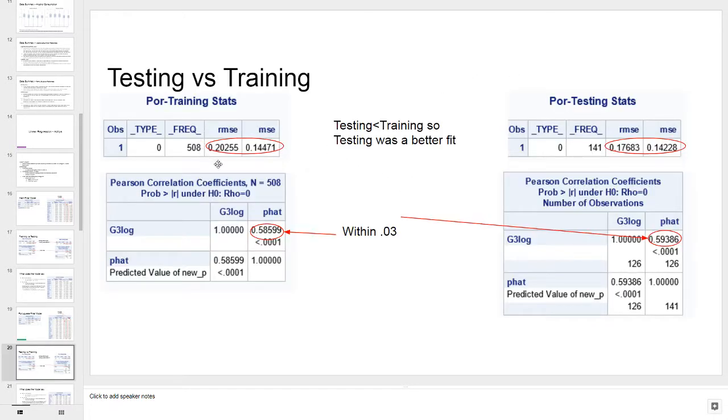For my training versus testing for my Portuguese final model, this time I actually got my testing set to be lower than my training set, so for the given model, the testing set was a better fit, which was cool to see. Another thing to note is once again, the R squared values for both testing and training are very close, within 0.03, meaning that it was once again a good model in that sense.